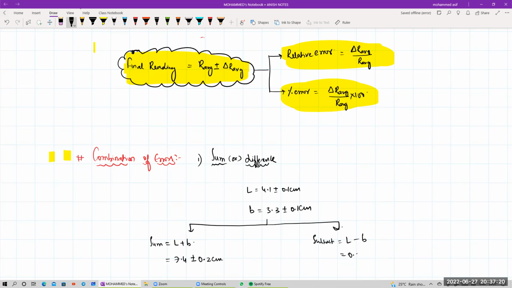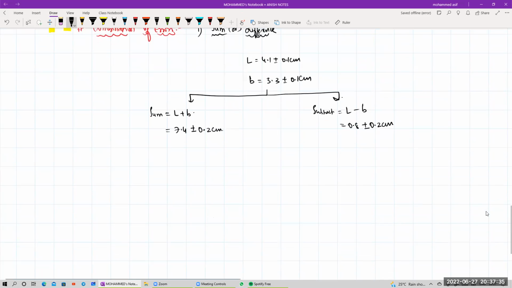So it is 0.8 plus or minus the error, 0.1 plus 0.1. Error will always be added, so 0.2 centimeters. Clear? Got an idea how to do the addition and subtraction? Next one.